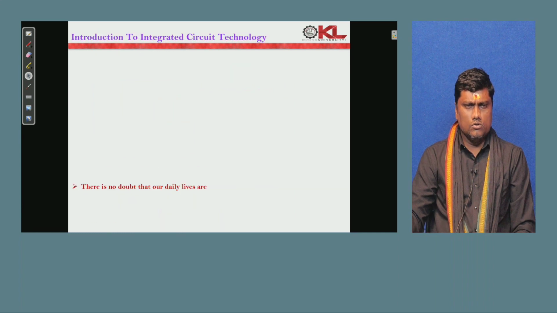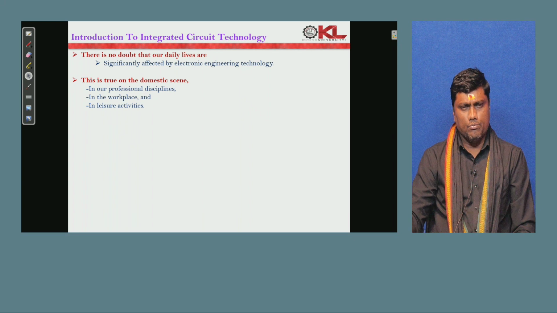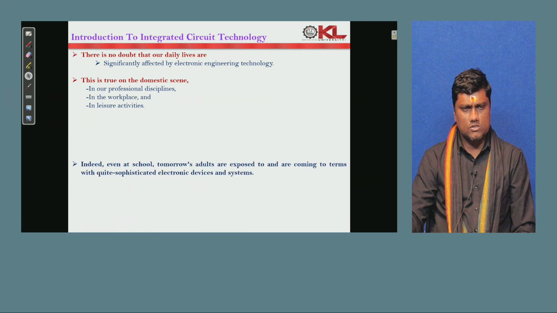As we all know, day by day our daily life is becoming so significant and smooth because of electronics engineering technology, and because of this we have so many smart devices in our professional life, workspace and leisure activities.